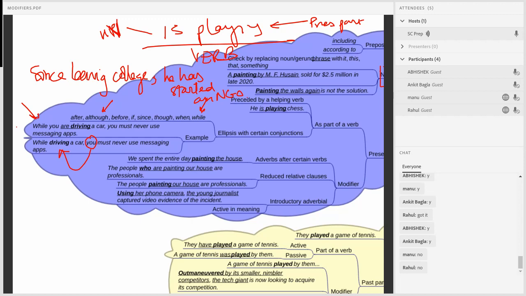And this is why we should be aware of this, because as I said, this example, since plus ing, is from an actual GMAT question. But anyway, the point over here is since can also be used in the same way that we use although and while. Quick check, Manu and Rahul, better?